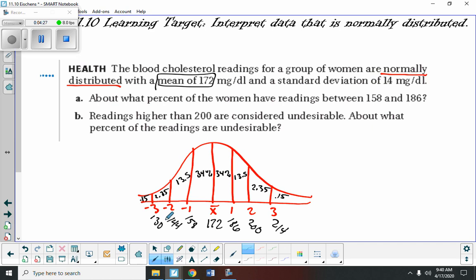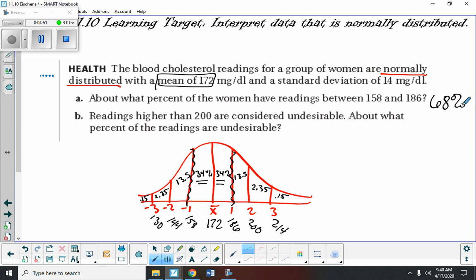So about what percent of the women have readings between 158, which is right here, and 186? What percent falls in that range? Well, 34% and 34%, so that would be 68%. That's how we answer that using the chart.